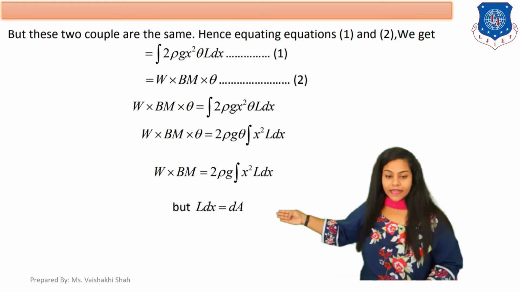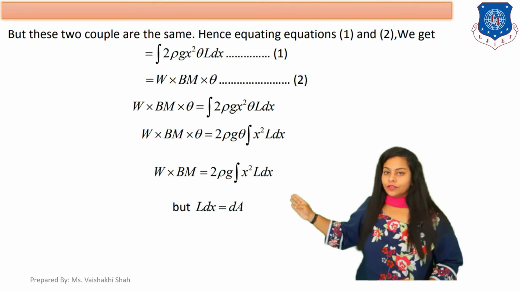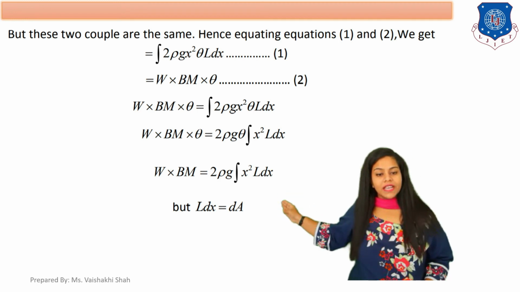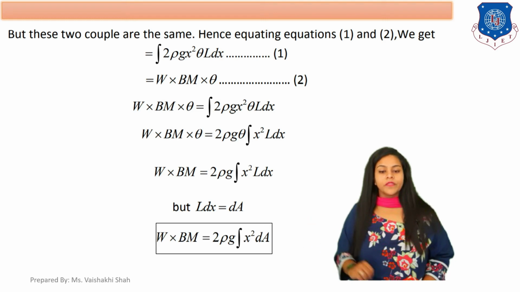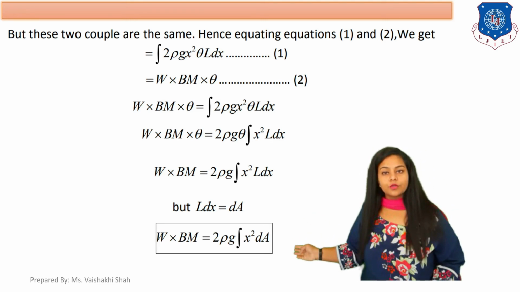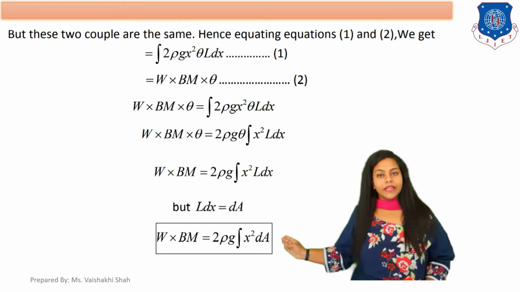So L dx equals dA, and theta cancels. So your equation becomes W into Bm equals 2 rho g integration x square into dA.